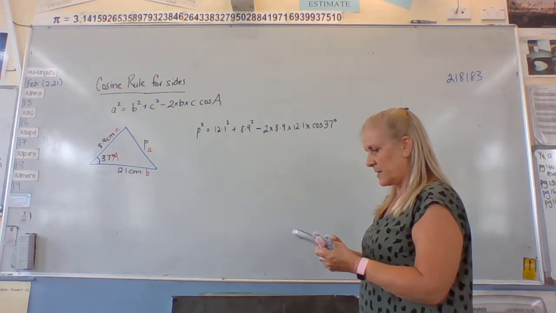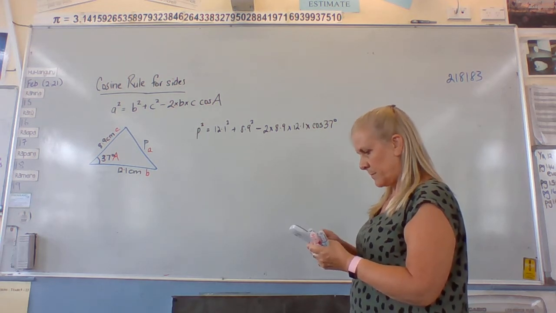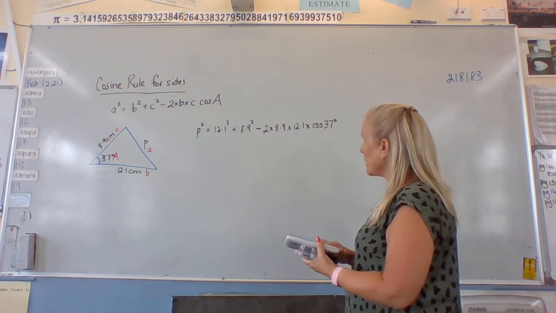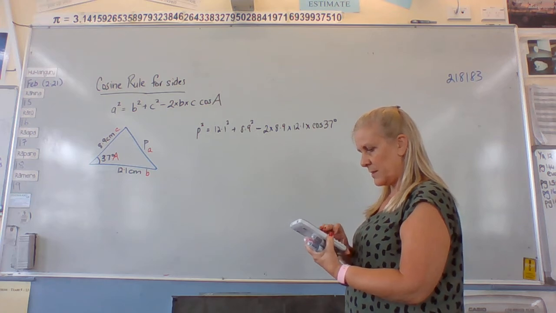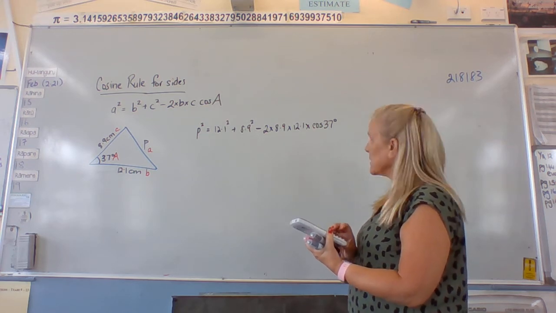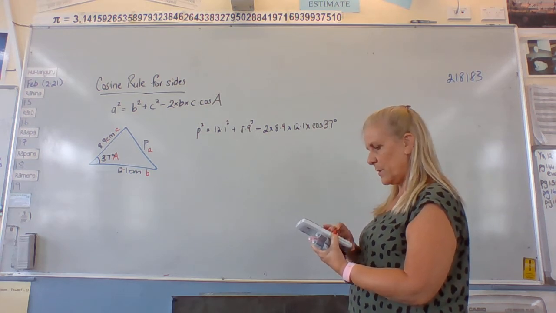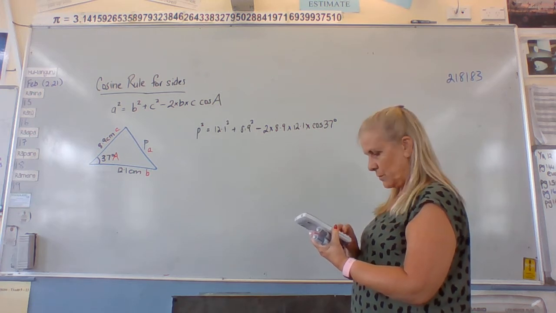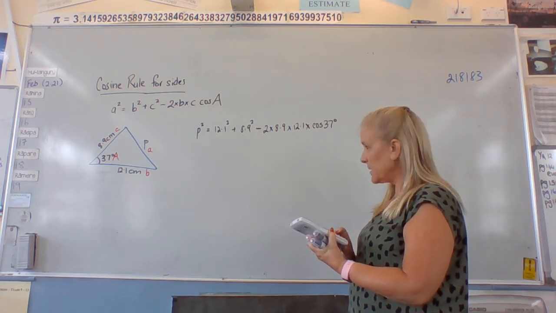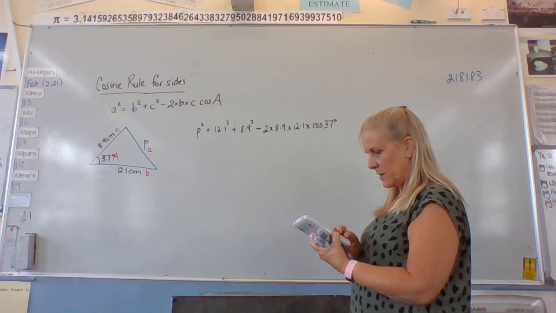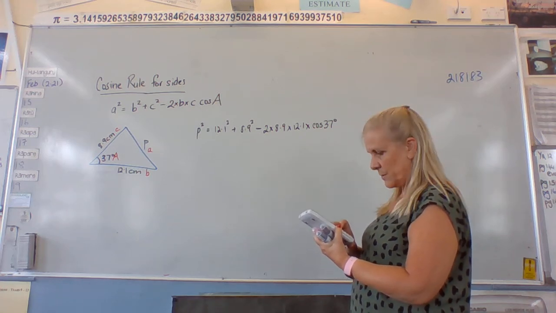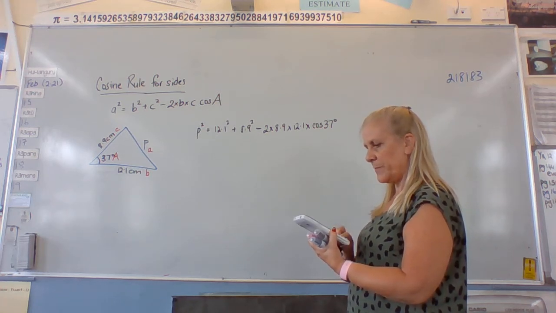And what do you get? Right, go. 12.1 squared plus 8.9 squared minus 2 times 8.9 times 12.1 times cosine 37 equals.